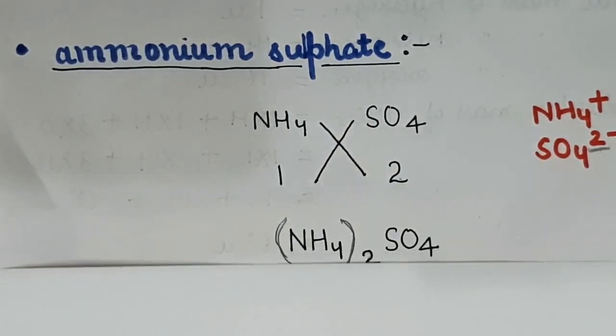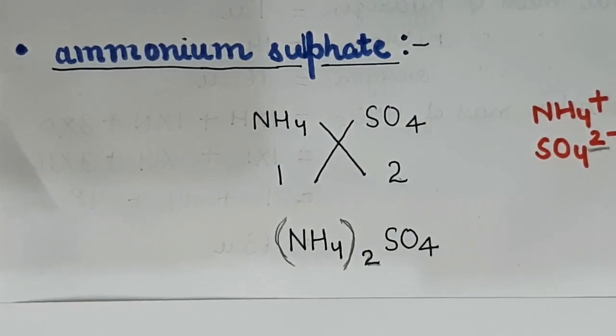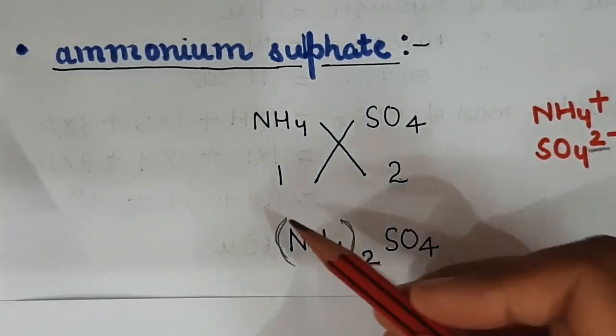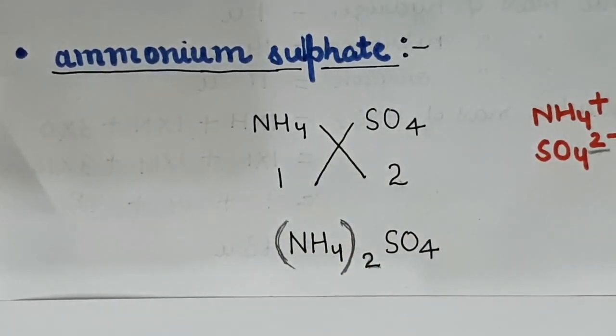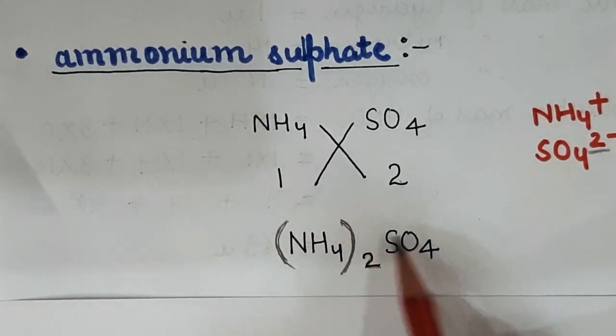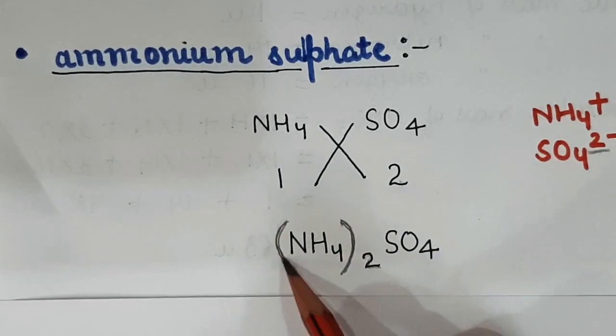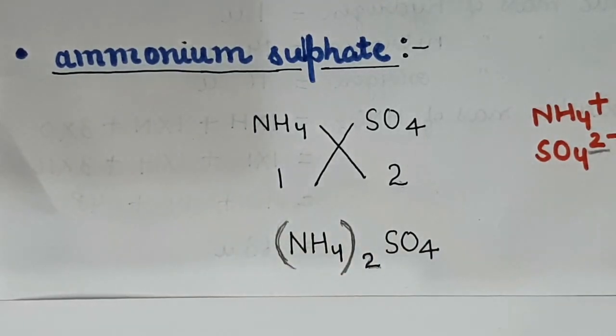You will get (NH4)2SO4. Students, do not forget here to put a bracket. Because both of these are polyatomic ions. So it is necessary to put a bracket. So this is the formula of ammonium sulfate. Now I hope you are clear how to write a chemical formula. You just need to learn the table. After that, you can write down easily.